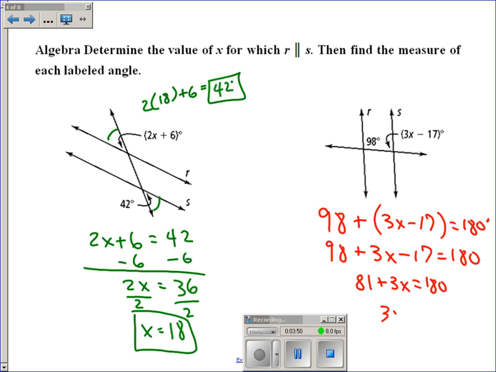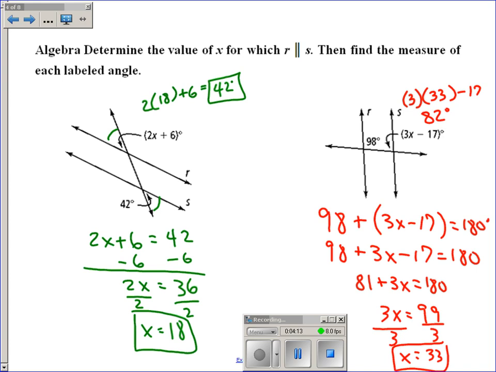I have 3x is equal to 99. Divide both sides by 3, and I get x is equal to 33. I still need to plug things back in. 3 times 33 minus 17 is 82, and 82 plus 98 is equal to 180.